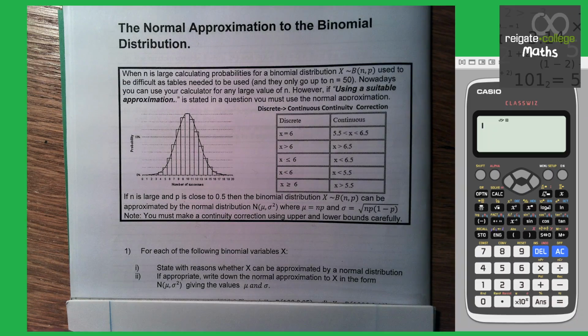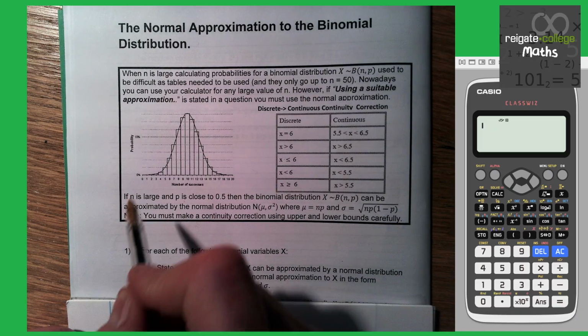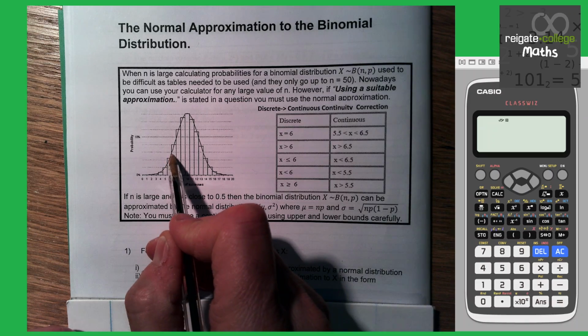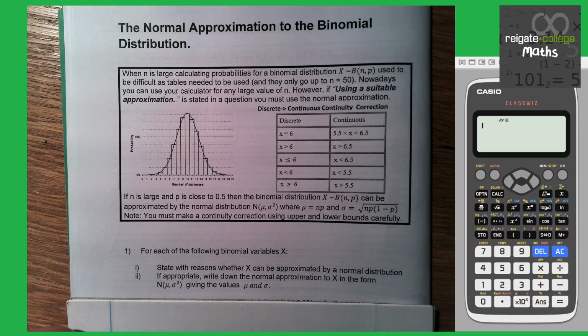That's only a rough rule, and it doesn't mean you couldn't use it for something slightly smaller. But if you go too small, these overlaps and these underlaps, I suppose you'd call them, get very big. So we want those to be small enough that we can ignore them.